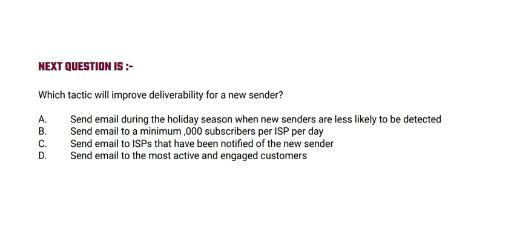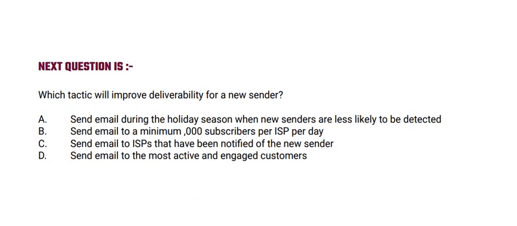Next question is, which tactic will improve deliverability for a new sender? Options are: Option A, send email during the holiday season when new senders are less likely to be detected. Option B, send email to a minimum of 10,000 subscribers per ISP per day.